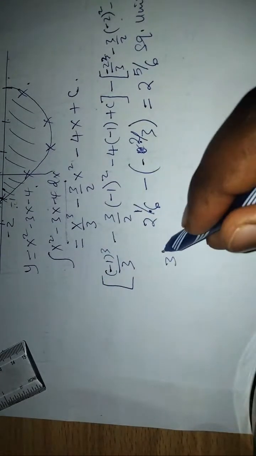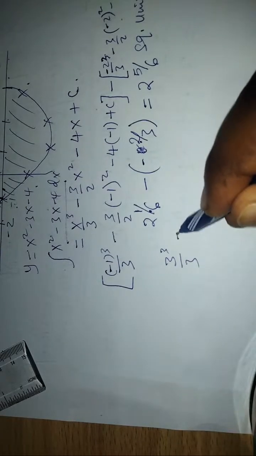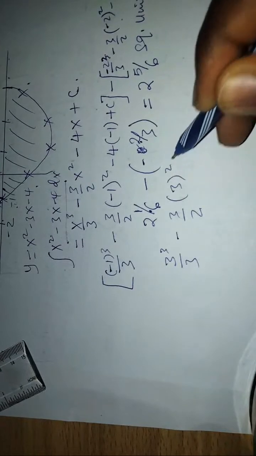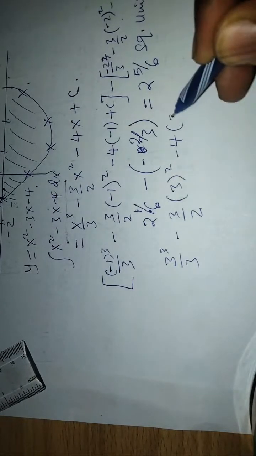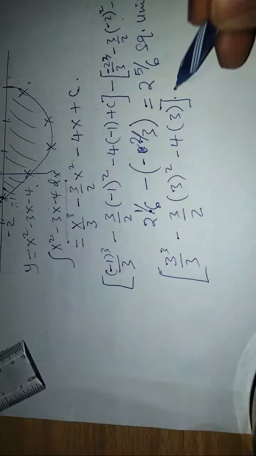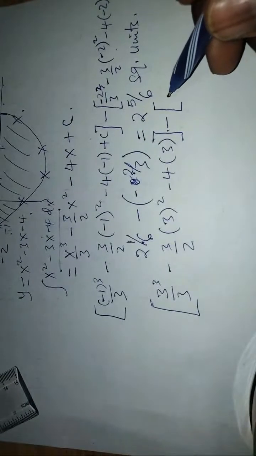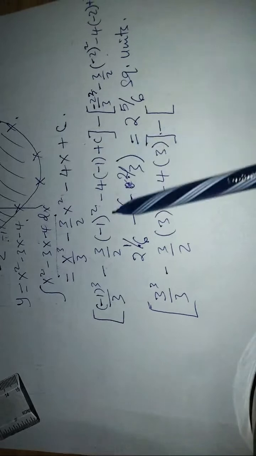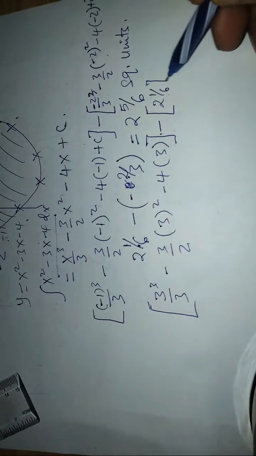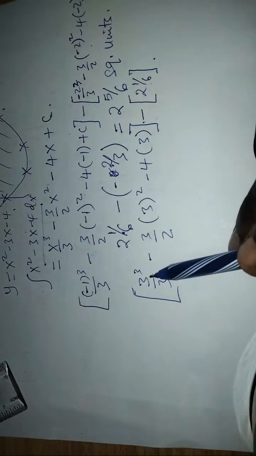So 3 cubed out of 3 minus 3 out of 2 into 3 squared minus 4 into 3. Then after this, I'll subtract -1, which has already been calculated here. This is 2 and 1 out of 6. Therefore, now I'm going to compute this one.